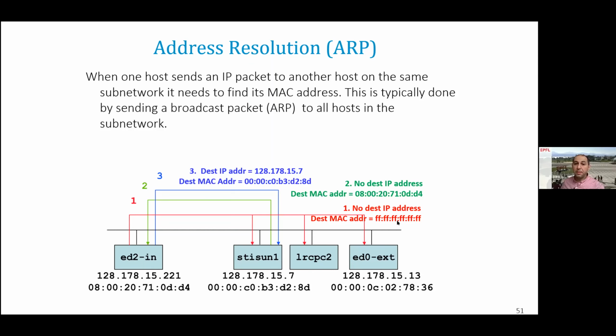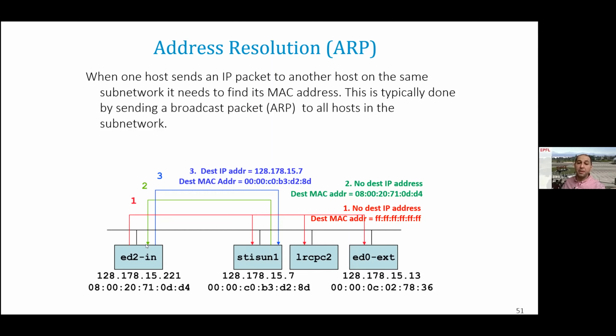And this frame will be received by all machines connected to the same LAN, by all machines that are hearing this packet. Now, inside this packet, we have the question, who has this IP address? And then only the machine that has the corresponding IP address will send an ARP reply, and that way, this machine is able to receive the ARP reply.